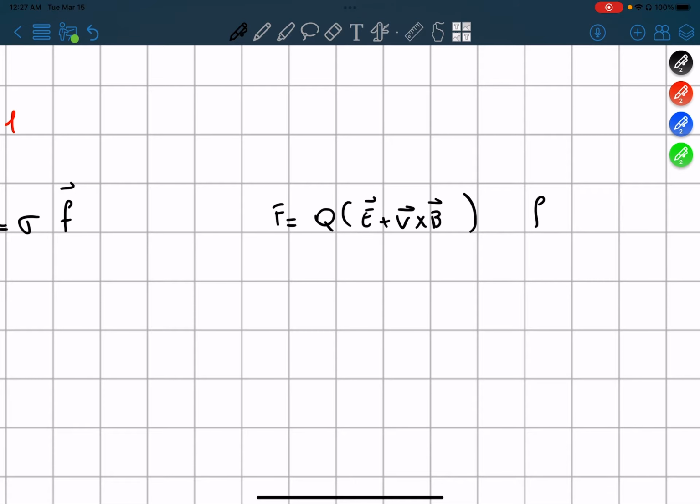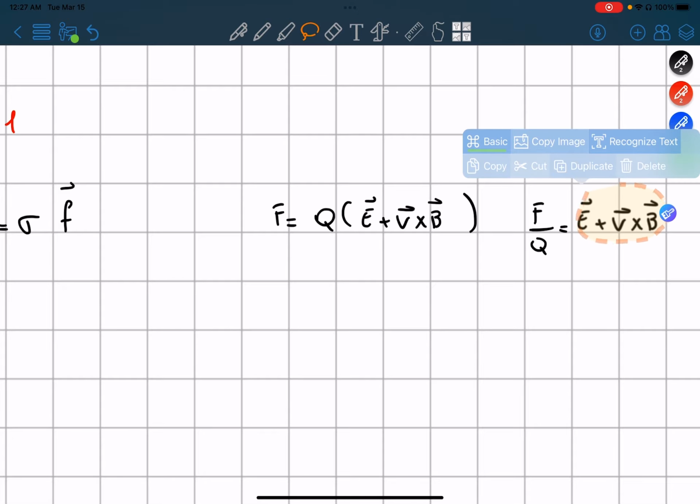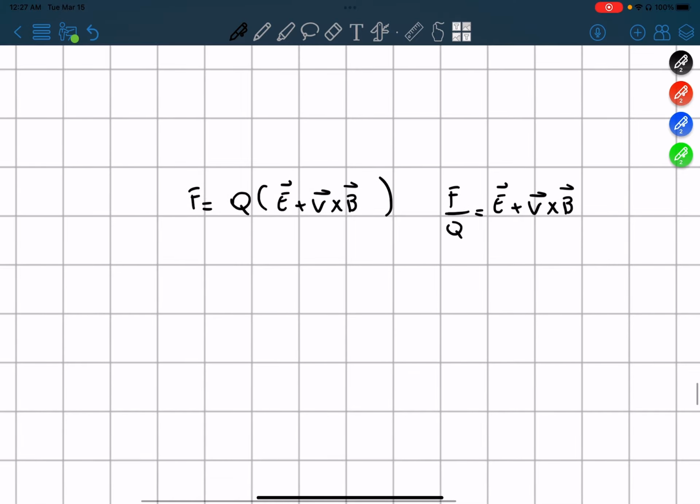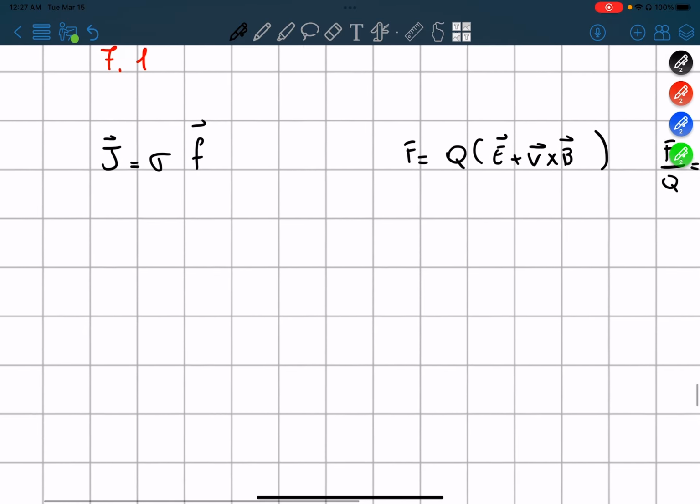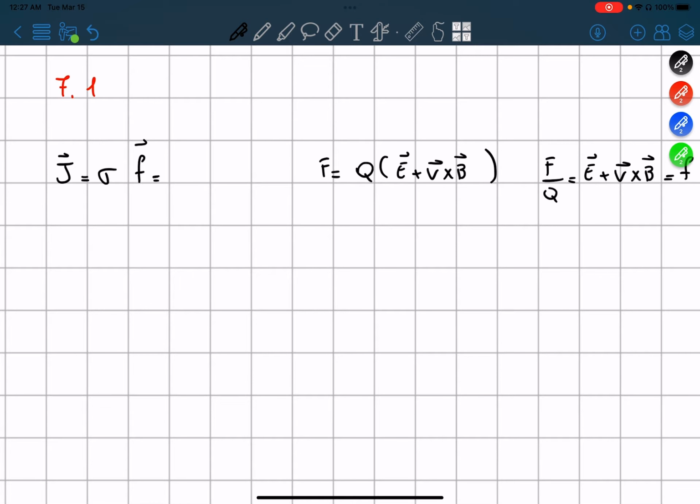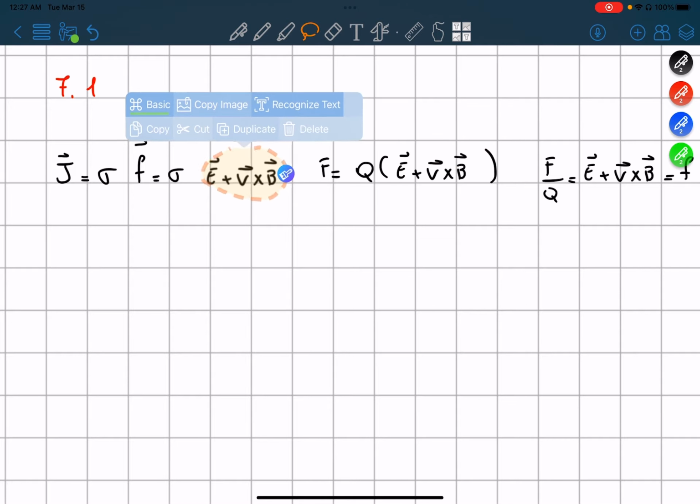Well, if we have our force per unit charge, we're just going to have this part right here, and we're going to call it little f. Of course, though, we can substitute this in here, and so we have our constant times this part over here.